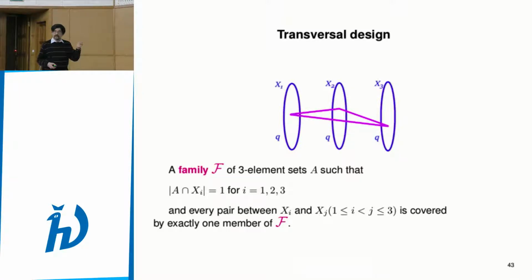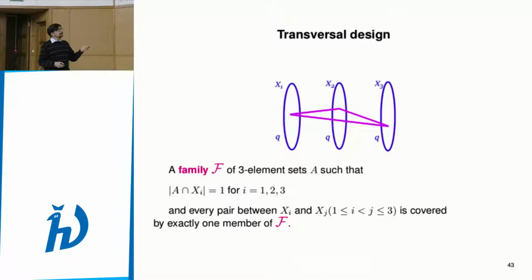It's not like before, where we had 4-element subsets, and this has only 1 in each one, and we call this a transversal design if all edges are covered.